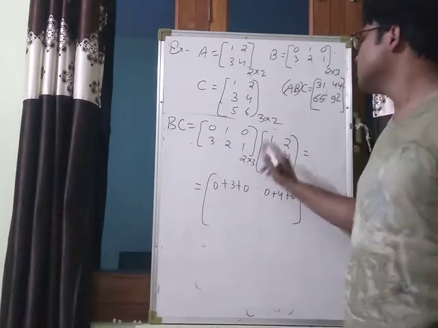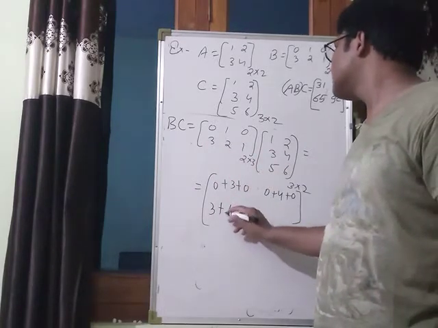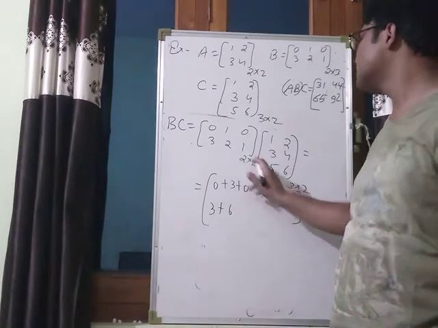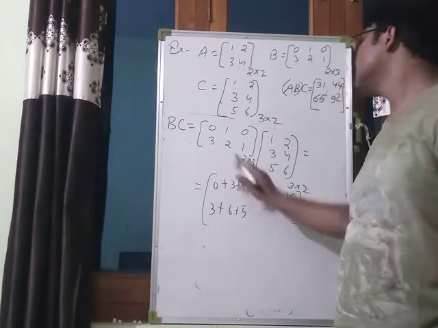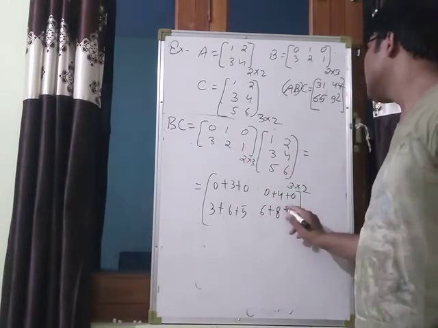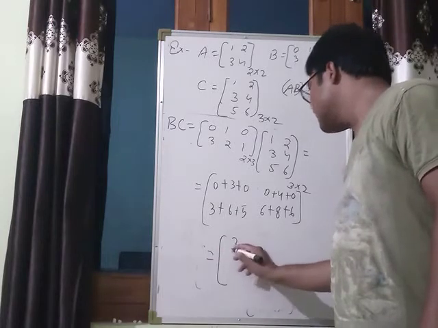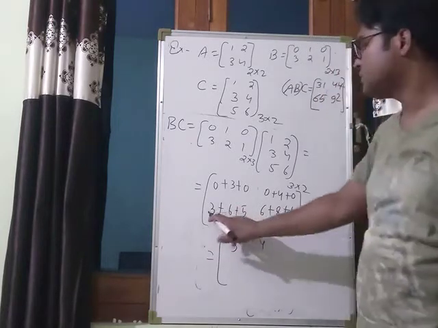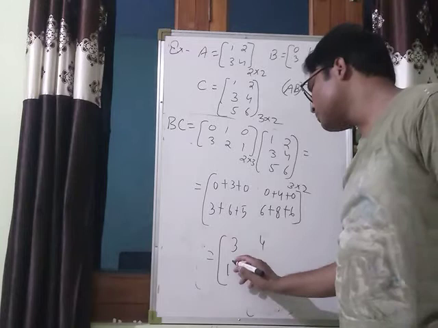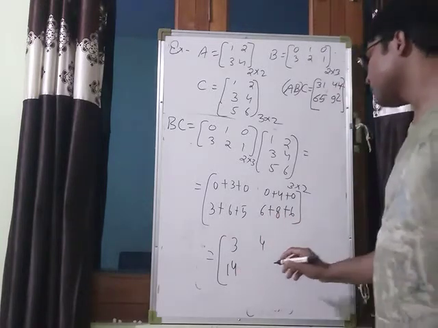Okay? 3 into 1, 3, 2 into 3, 6, 1 into 5, 5, 3 into 2, 6, 2 into 4, 8, 1 into 6, 6. That is equal to 3, 4, 3 plus 6 plus 5, 14, 6 plus 8 plus 6, 20.